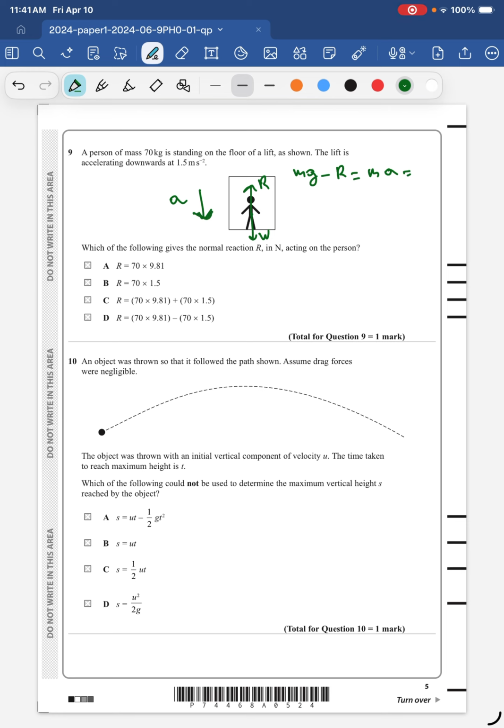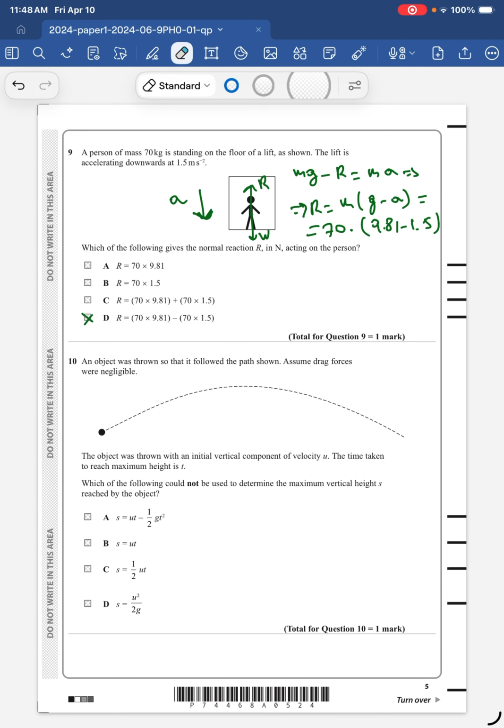Okay, so all we have to do is to solve for R. So R is m times g minus a, and if we plug in values, that's 70 kilograms times 9.81 minus 1.5. So that's option, what is it? D.